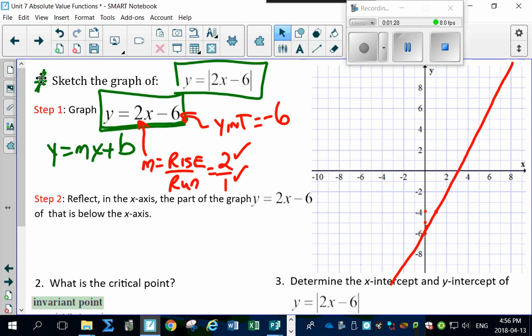Now, step 2 says here to reflect, in the x-axis, the part of the graph that is below the x-axis. Well, that's kind of like we did in the last question. If you go back into the first podcast here and look at that again, you'll see that we actually reflect it. Well, how do we reflect it?